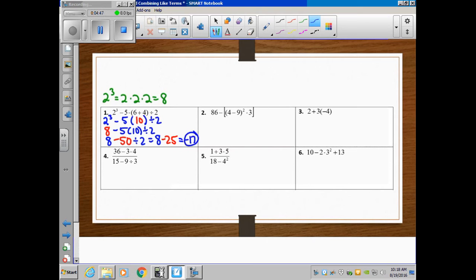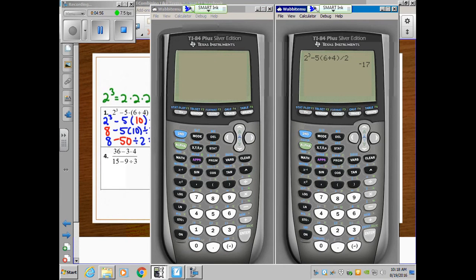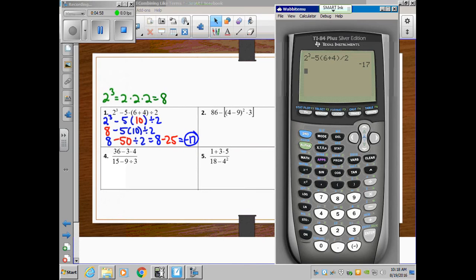All right, the question always is, can you do this on the calculator? Let me open up a new one here. Okay, and there we have it. 2 to the third power minus 5, parentheses 6 plus 4 divided by 2 is negative 17. So I use the calculator as a double check if it's easy enough to plug in.